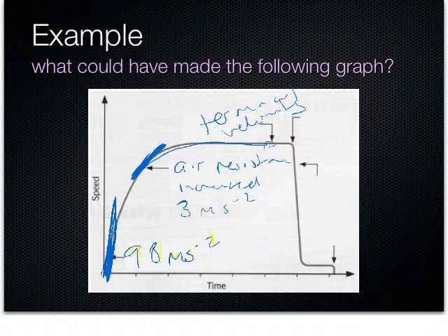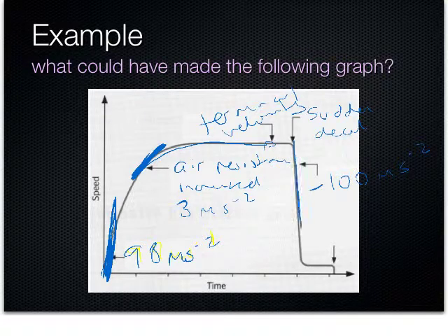Now what we have here is a sudden deceleration. Okay, so this could be like -10, oh, maybe more than that, probably. Let's say -100 meters per second squared. Some large deceleration downwards. And then we find a new terminal velocity.